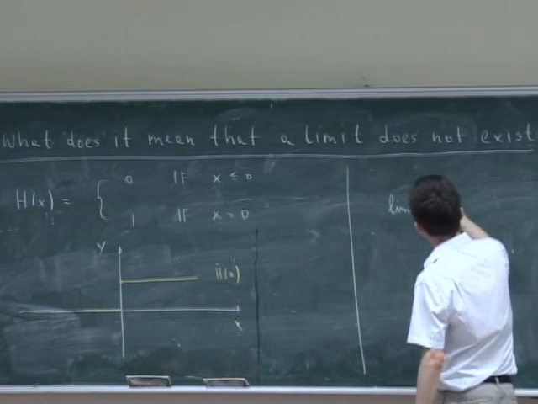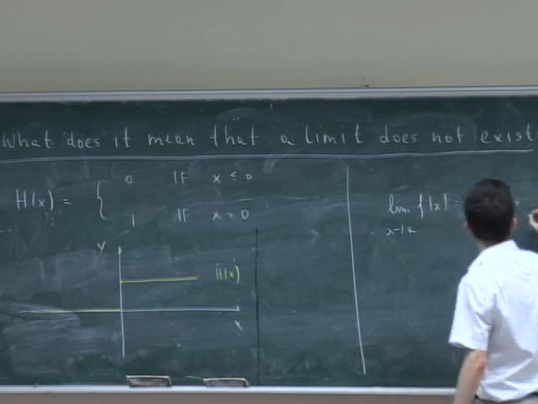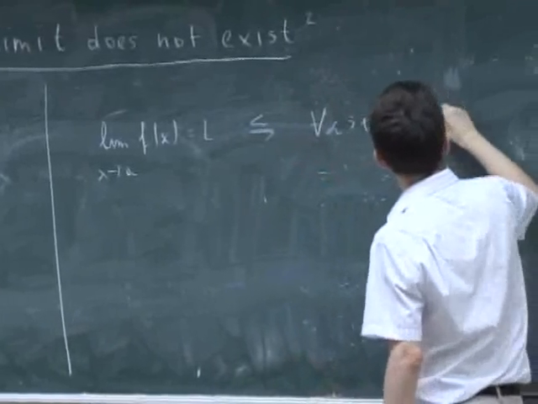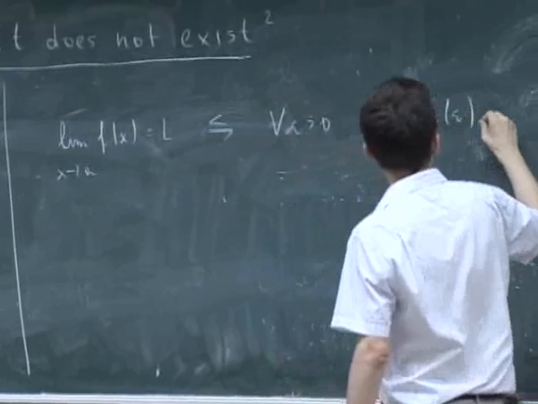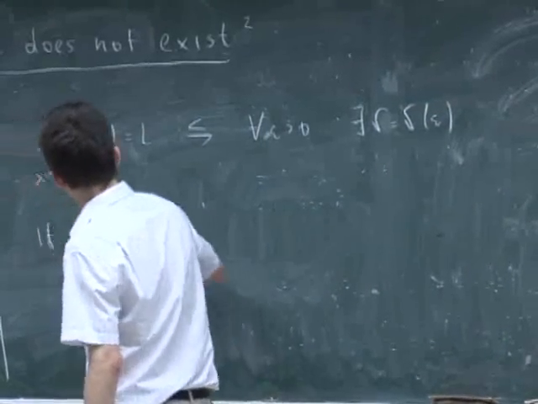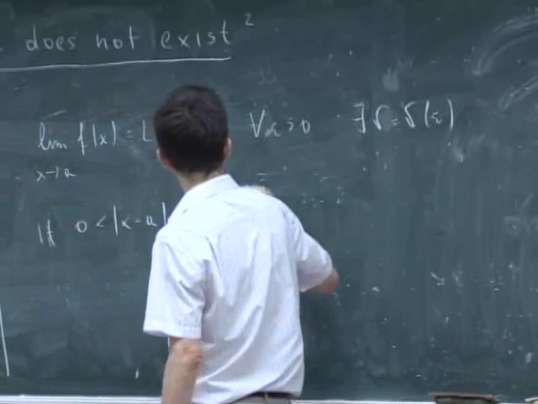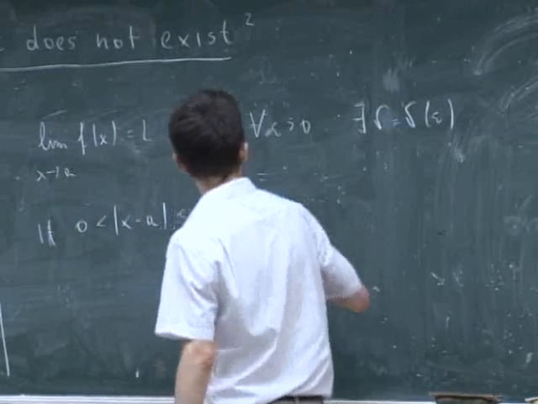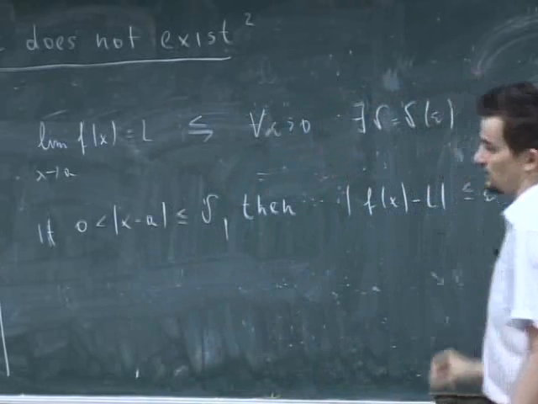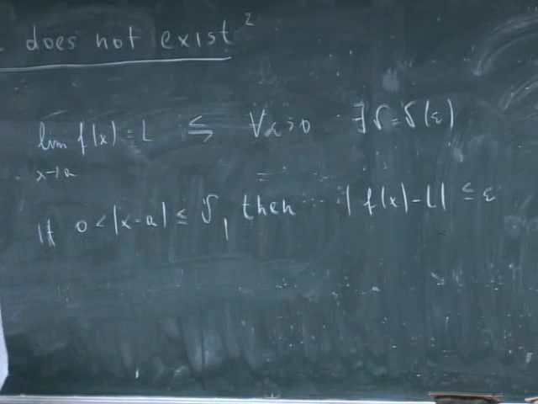So the limit of f of x as x tends to a is equal to L. This means that for all epsilon larger than 0, there exists a delta which might depend on epsilon, such that if the distance between x and a is larger than 0 and smaller equal than delta, then the distance between f of x and L will be smaller equal than epsilon. Okay? Now you want to prove that the limit does not exist.